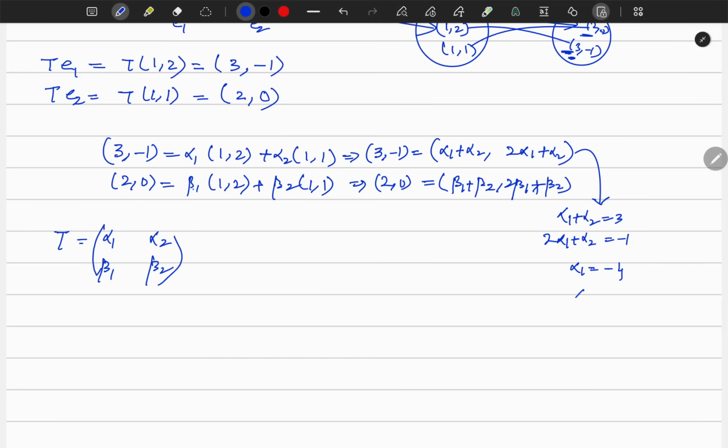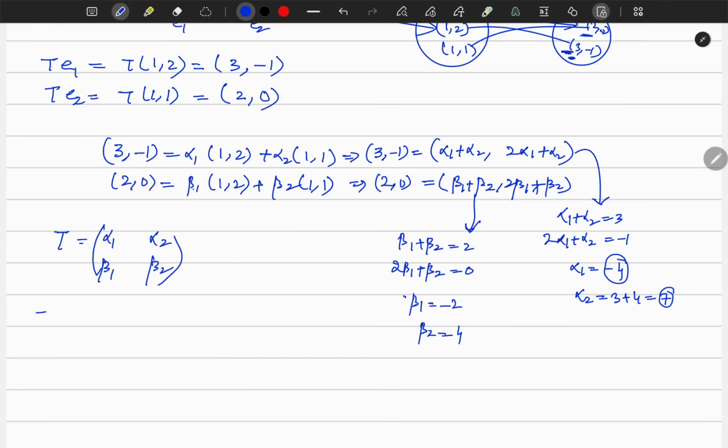So apply here. So alpha 2 will be equal to 3 plus 4, that is equal to 7. So you got the value here. Similarly here you can do b1 plus b2 is equal to 2, and 2b1 plus b2 is equal to 0. So that is b1 is equal to minus 2, and apply it here, b2 is equal to 4.